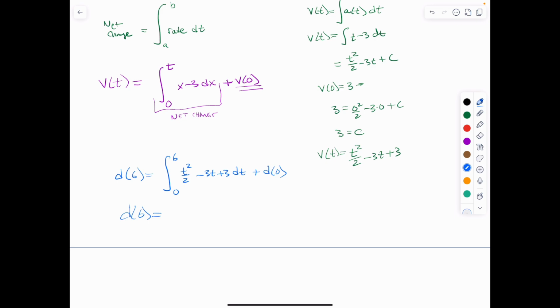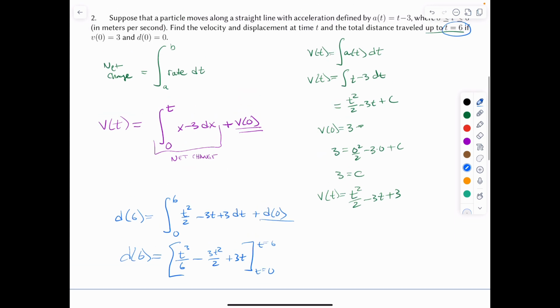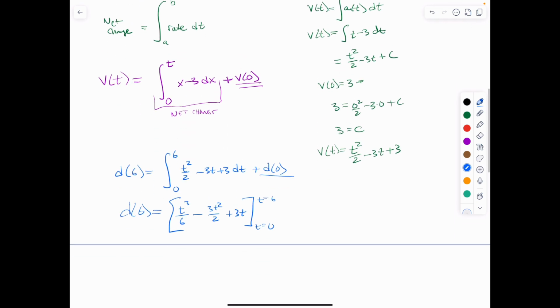So this is going to be, let's see, t cubed over 6, 3t squared over 2 plus 3t. This all evaluated from t equals 0 to t equals 6. D of 0, we're told, was 0. So we're good there.